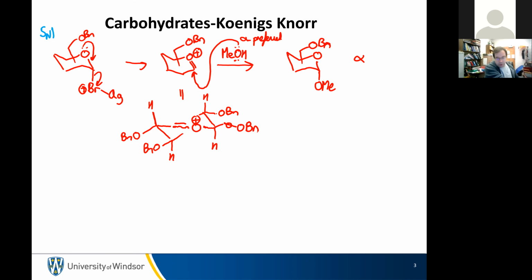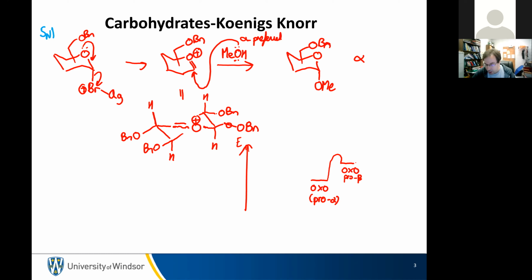So if we try and sketch this out, if we have the oxocarbenium, I'm going to call it pro alpha. This is the one that wants to lead to alpha. It's the low energy chair, twist boat. It can go, nothing stopping it going to the high energy twist boat. It's just high energy, which is a reason to stop it.